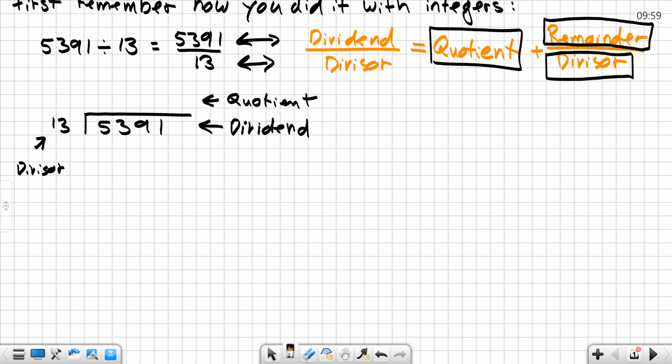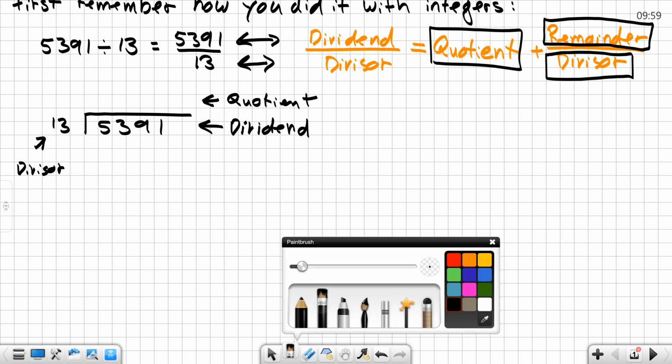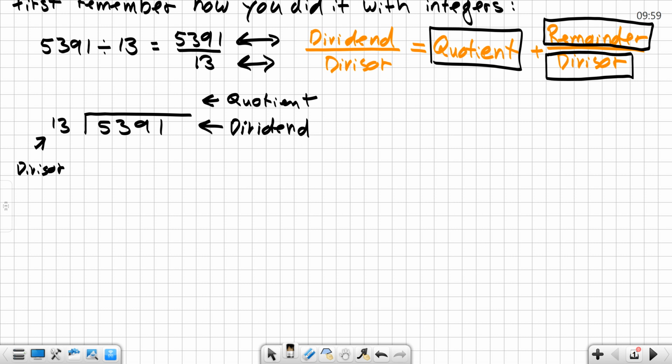So how to do this? Well, I am going to look at 13 and ask myself, does 13 go into 5? Clearly not. Does 13 go into 53? Absolutely. How often does it go in there at most?